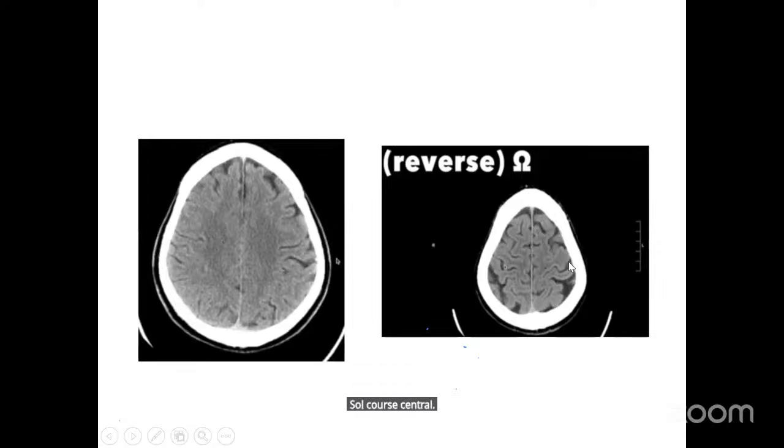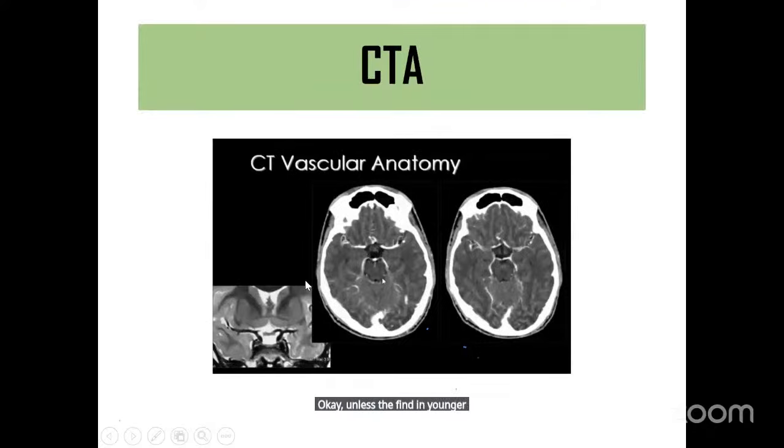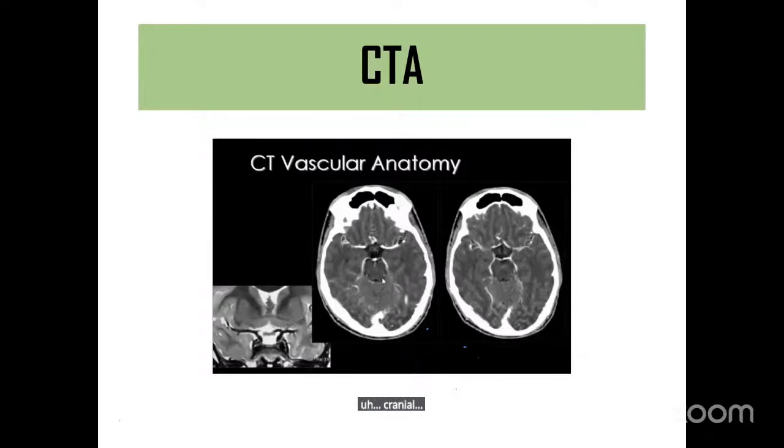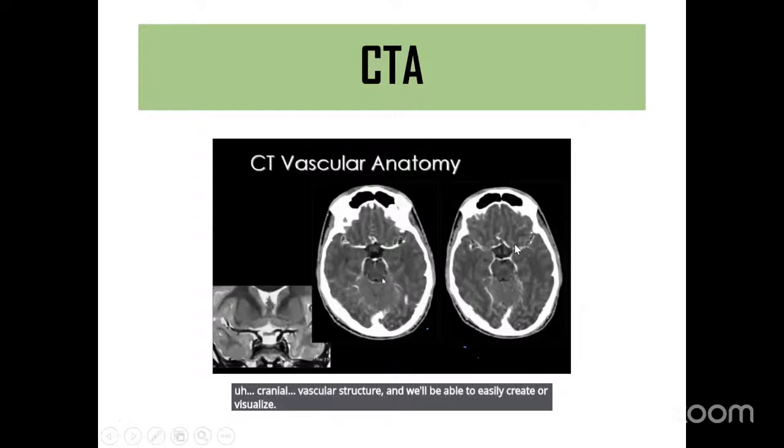Central sulcus is more classical in older people and less defined in younger people because of the normal cerebral atrophy. So CTA, we have a radiological examination called CTA angiography, which we use to outline the entire cranial vascular structure, and we'll be able to easily visualize the circle of Willis.